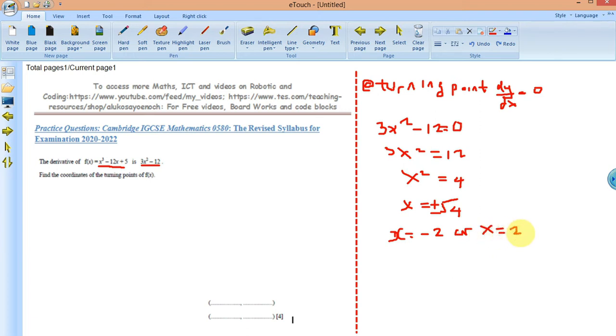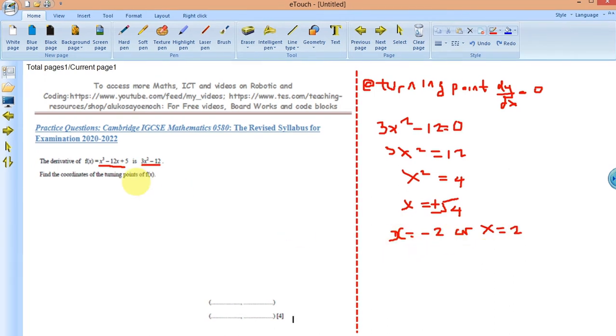Okay guys, the next thing we are going to do is find the coordinates. When x equals minus 2, what is y from the original equation? The function is x cubed minus 12x plus 5. So go ahead and find f of minus 2, that is plug minus 2 into that function, and we also find f of 2, and that should give us the coordinates.